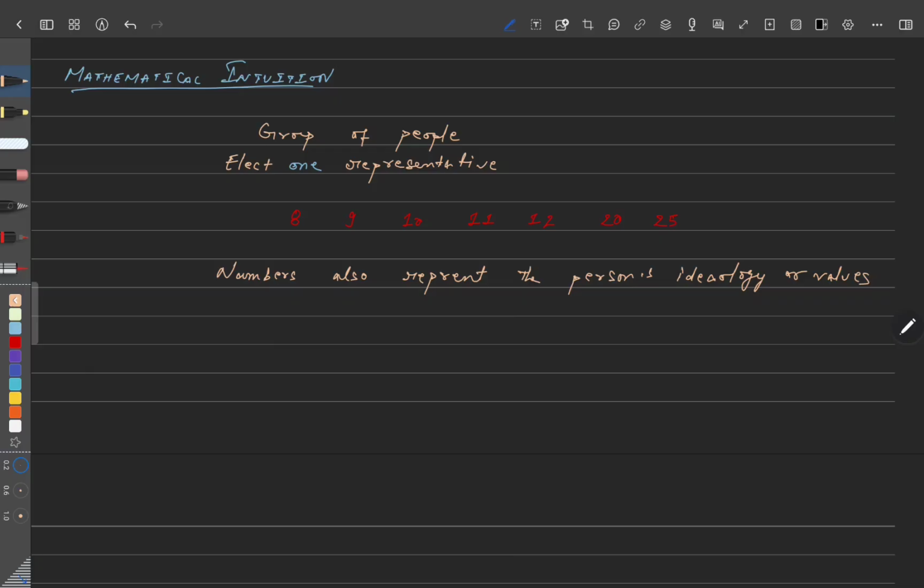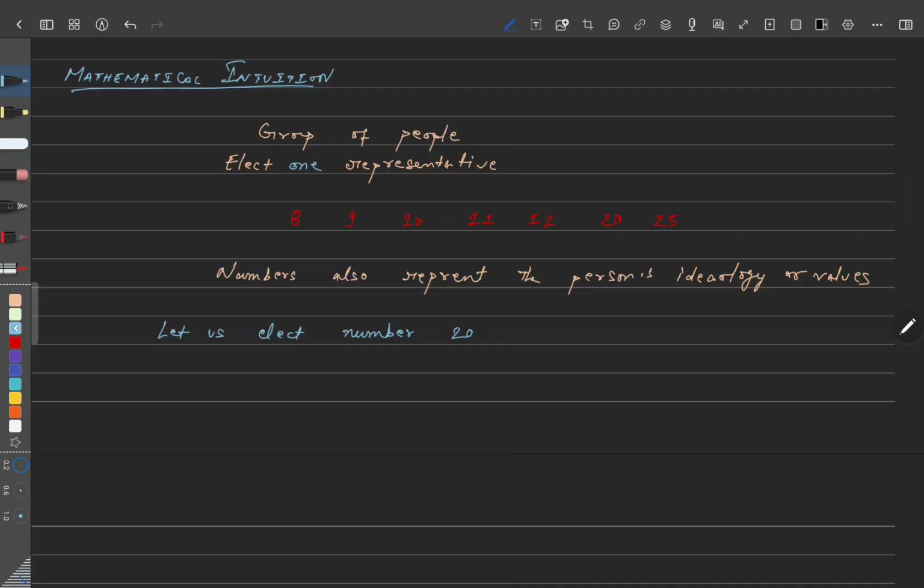Let me repeat in our analogy terms. The representative should be such that they are closest to all the other people's ideology or values. So let us try and elect number 20 to begin with, or the person representing 20, we can say.